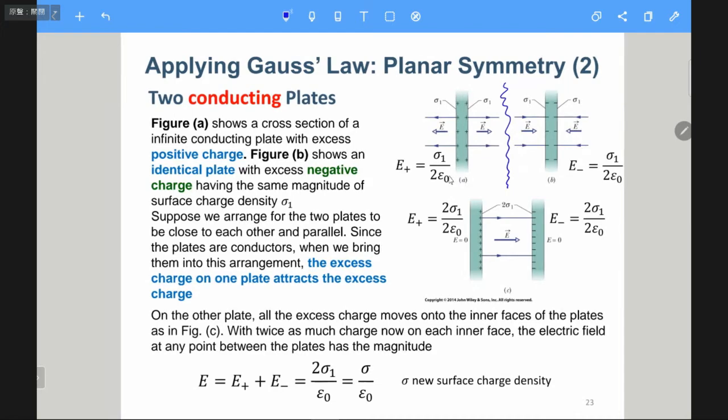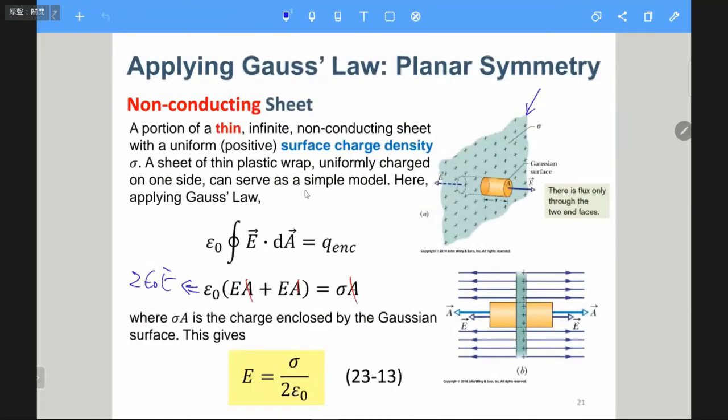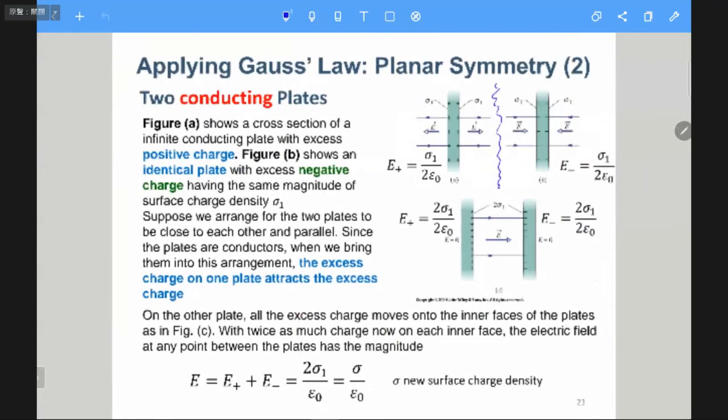I just mentioned that it doesn't really matter whether it is conducting or not conducting for this part. So we use two conducting plates here. We have sigma 1 on both sides, and then we can find that E plus will be sigma 1 over 2 epsilon naught for this side and for that side.